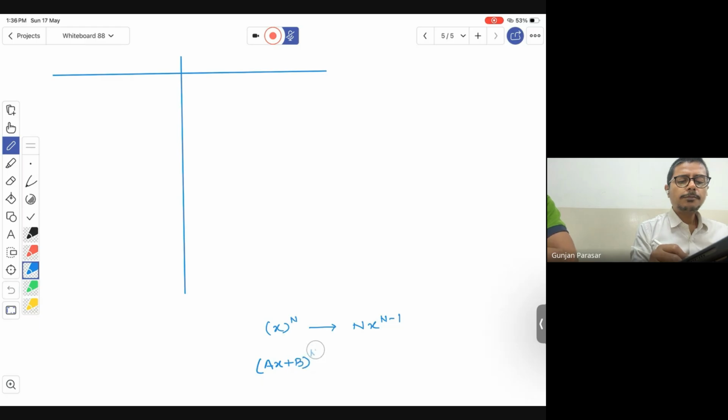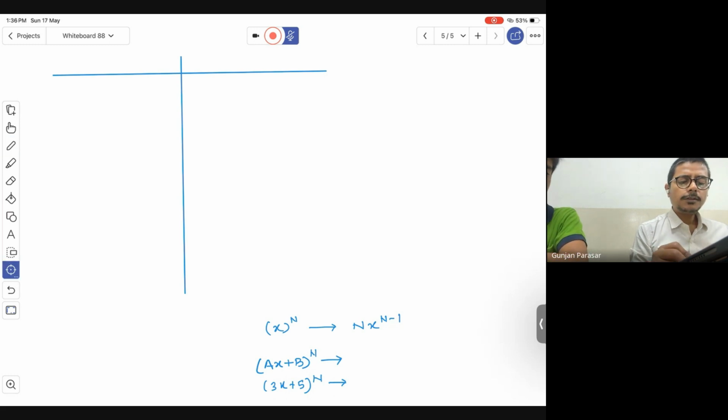So if I give you ax plus b, for example, 3x plus 5 having power n, what differentiation might you guess? So whatever is the thing inside the bracket here is x. So you see what has been done to him. He is multiplied with his power and his power reduced by 1. So whosoever comes in this place, here x got beaten up and someone else came in place of x, they all will be beaten up.